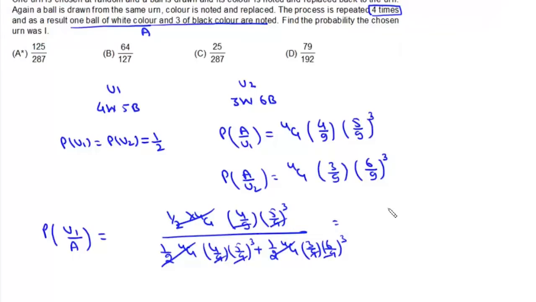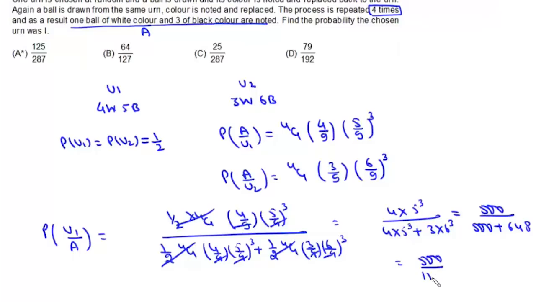So this result will be 4 into 5 cube upon 4 into 5 cube plus 3 into 6 cube. Now this is 500 upon 500 plus 648, which is 500 upon 1148.